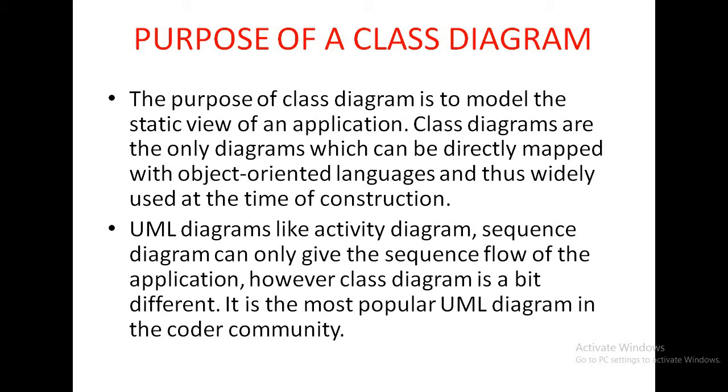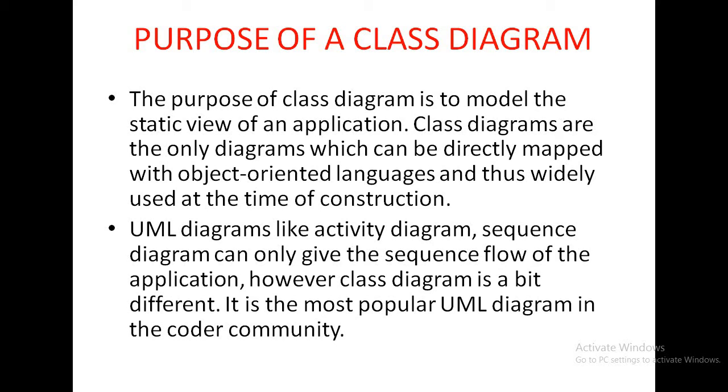UML diagrams like activity diagrams and sequence diagrams can only give the sequence flow of the application. However, class diagram is a bit different. It is the most popular UML diagram in the coder community. Different types of UML diagrams are present: class diagram, object diagram, sequence diagram, collaboration diagram.